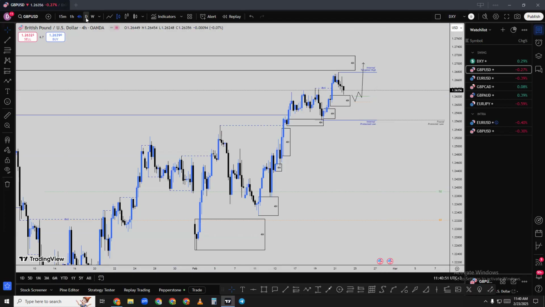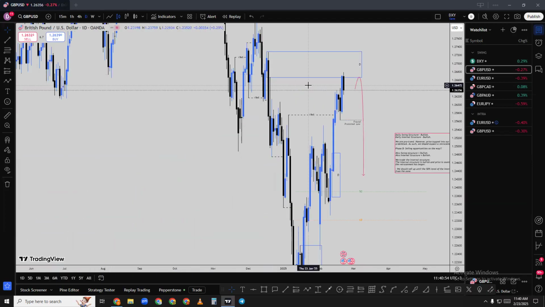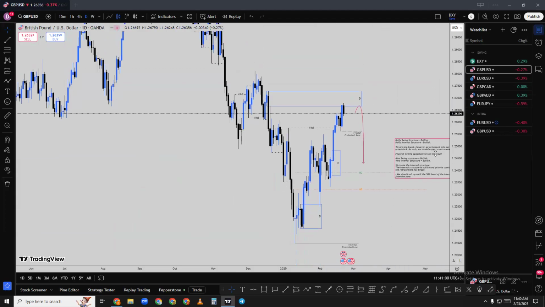but let's go back to the daily and let me try to explain something to you. So we are coming from a daily supply level. Price has already tapped into it, and it has tapped into the refined daily supply level.